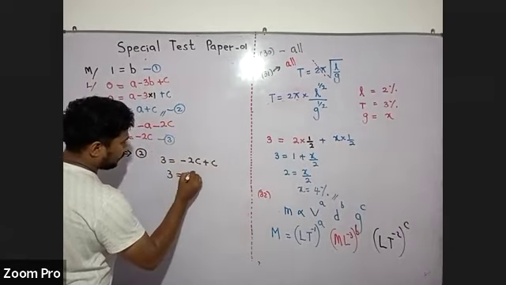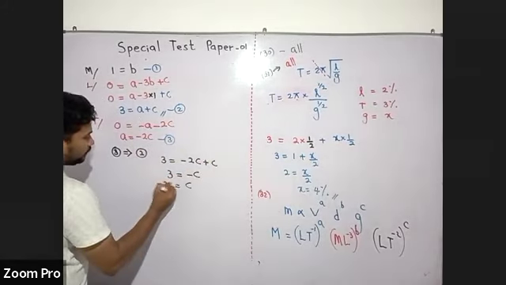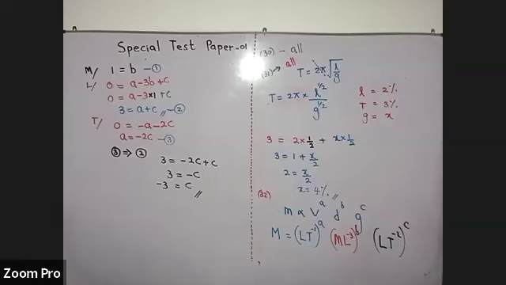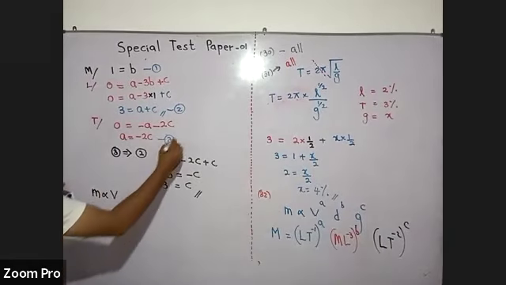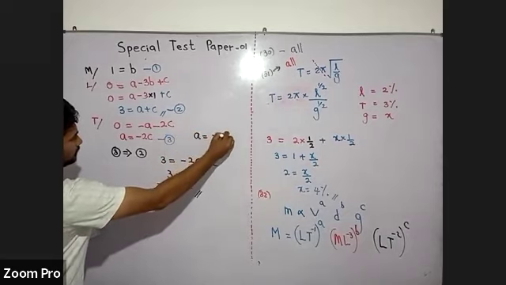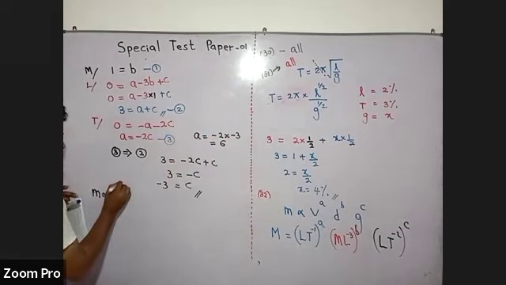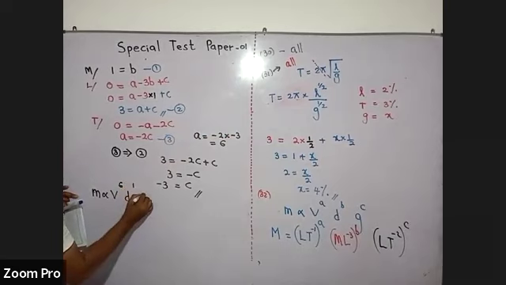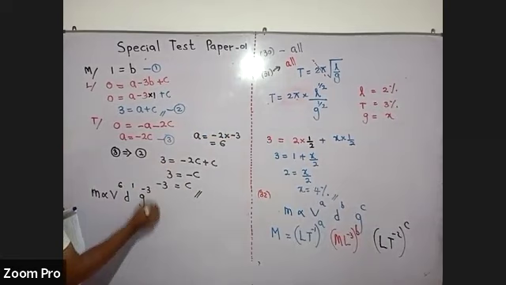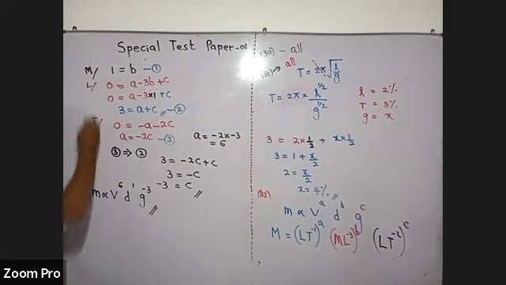That means 3 equals minus c. Then c should be equal to minus 3. Right? So then m is proportional to v to the power of a, where a should be equal to minus 2 into minus 3, that means 6. v to the power of 6, d to the power of 1, and g to the power of minus 3. Then m is proportional to v to the power of 6, so the answer should be the third one.